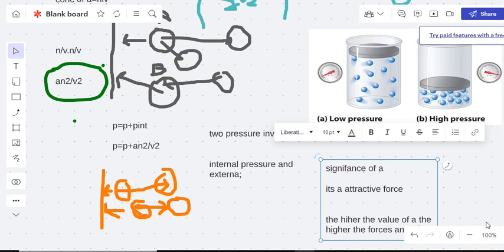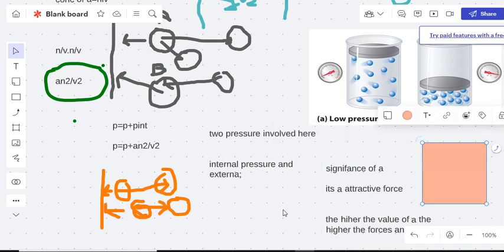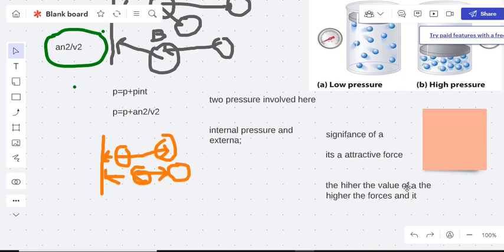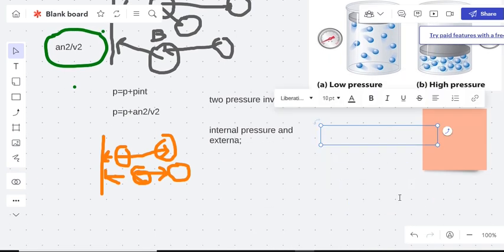It gets liquefied quickly due to high force of attraction. Now why liquefy?